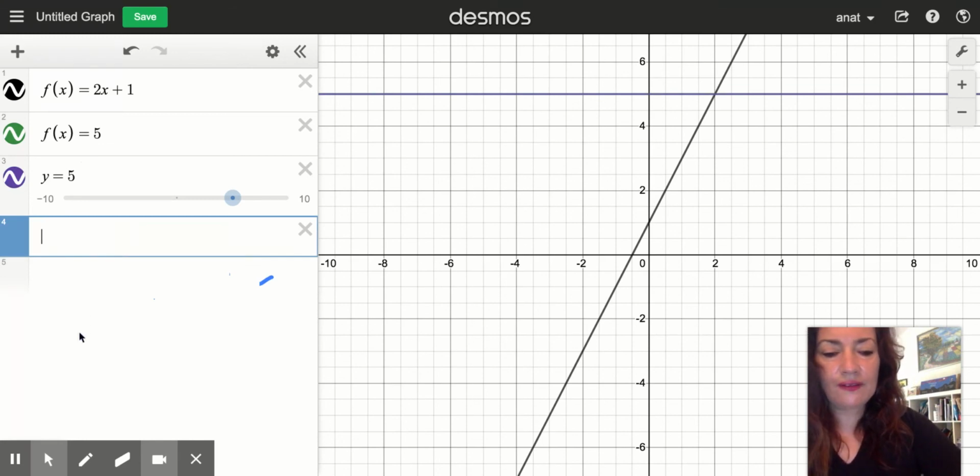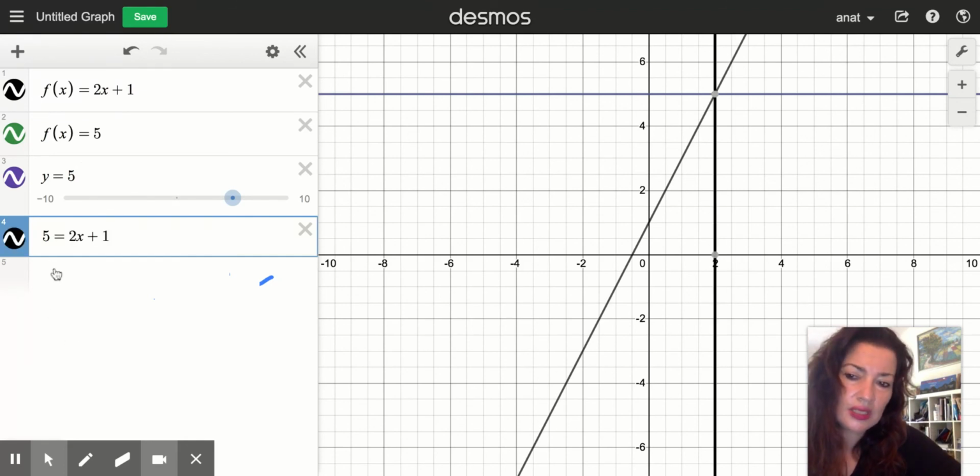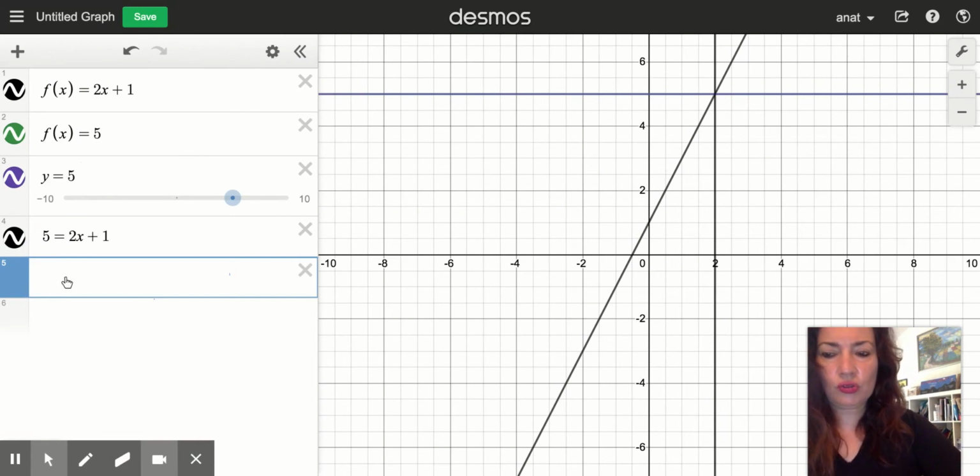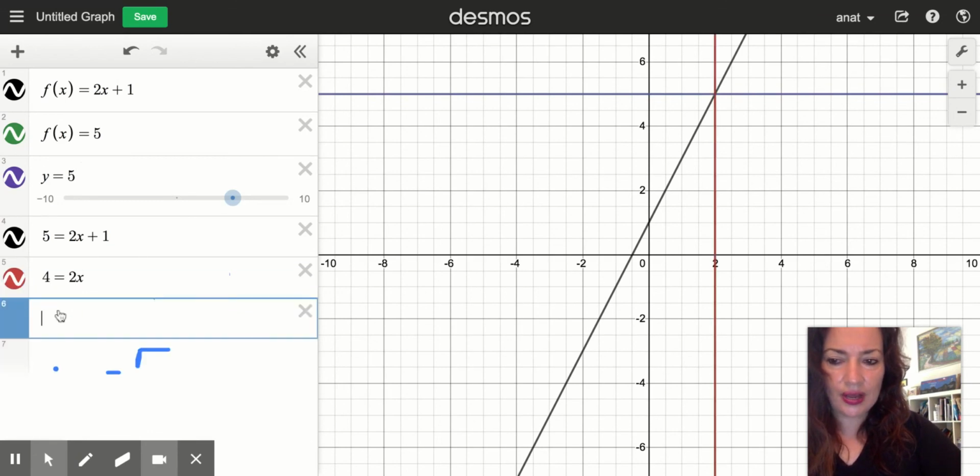We would write 5 equals 2x plus 1. So you can see when 5 equals 2x plus 1, if we evaluated this, we would get x equals 2. So I subtract 1 on both sides, we get 4 equals 2x. Divide by 2 on both sides, we get x equals 2.